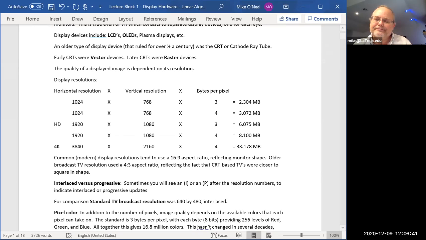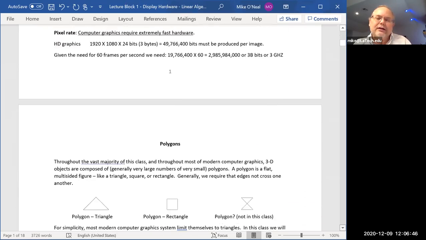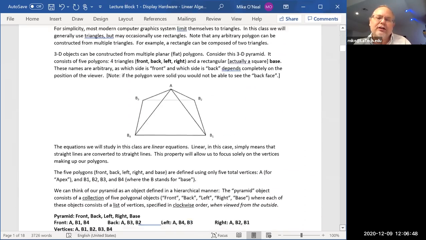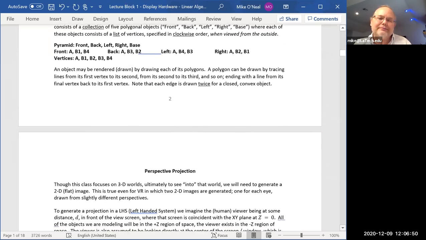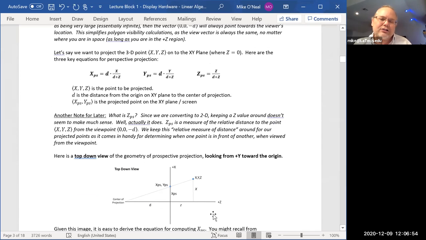So what we do is we imagine a viewer at a point, and the point that we generally imagine the viewer to be at is somewhere in front of the projection screen, some distance d in front of the projection screen. So this is like the projection screen here, okay?